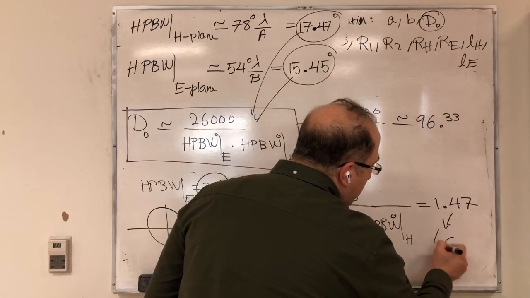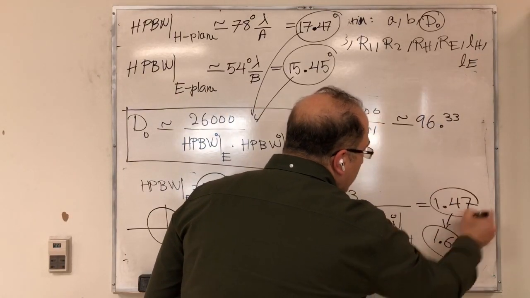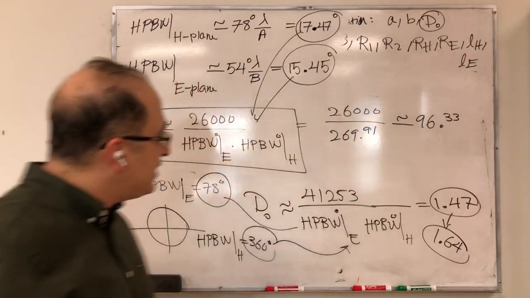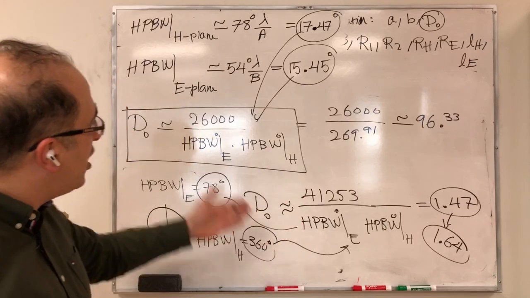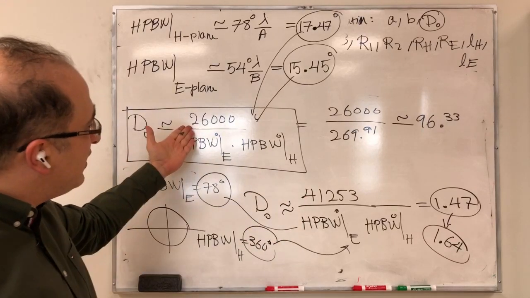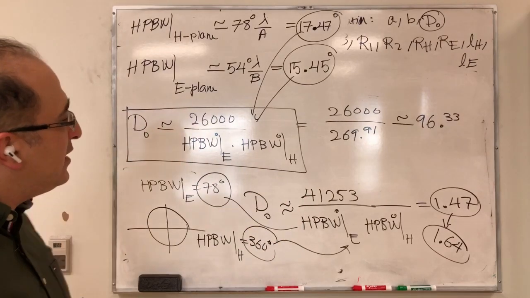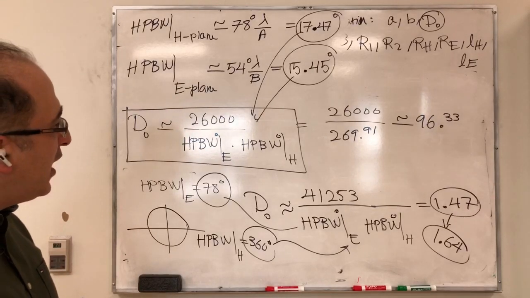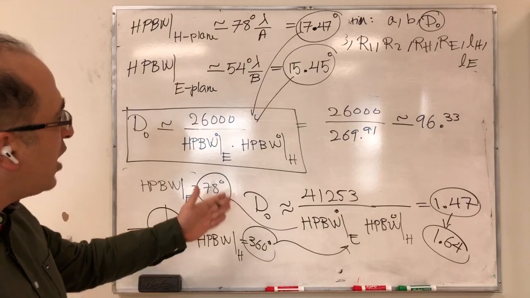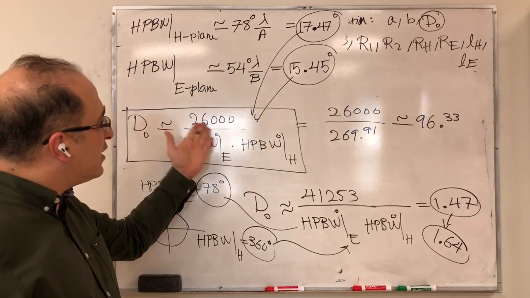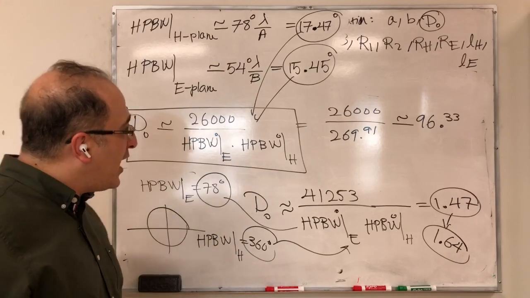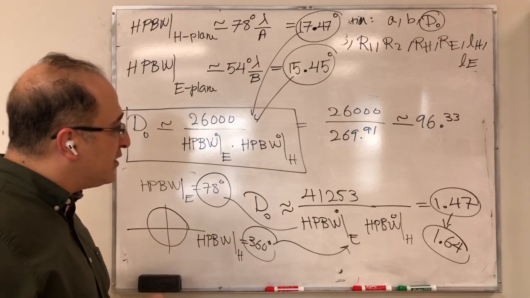We know the true value is 1.64. If you compare this estimate to 1.64, you see that this equation does a better job. Sometimes you may use the other equation and, instead of 360, use 180, and then that's a different story.